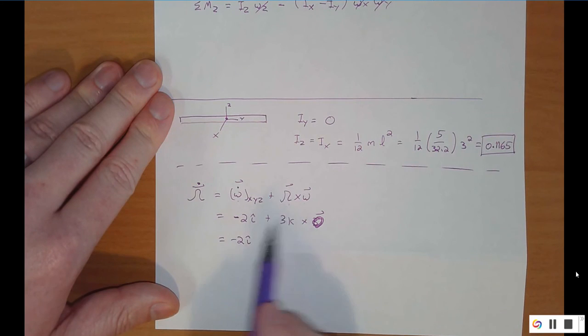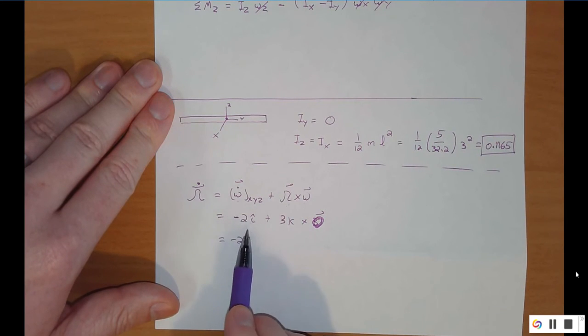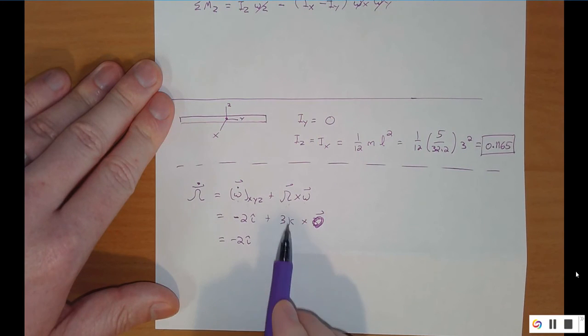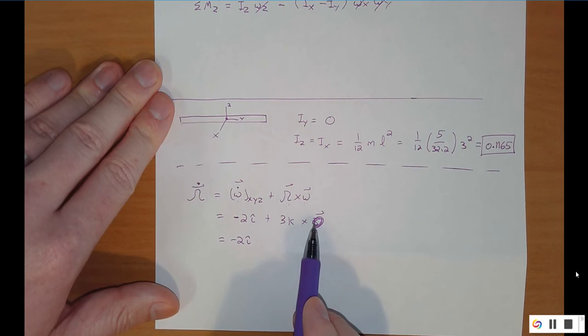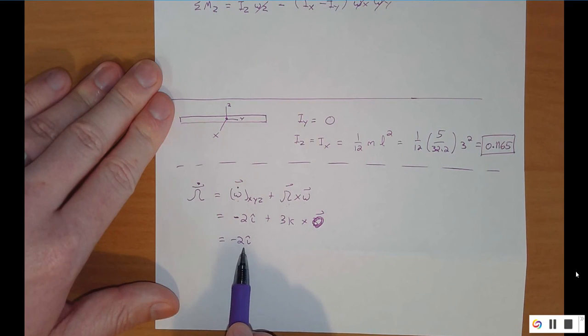So the only local acceleration we have is that 2I. We have 3 for our rotation of our coordinate system, and then there's no local accelerations. If you wanted to, you could put a 3k here, but I wouldn't. I just call it a 0 vector. So either way, you're going to get nothing out of this, and then you're just going to have the 2I right here that's going to come out.